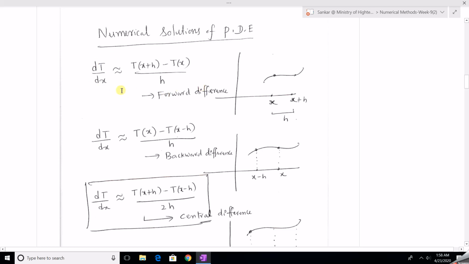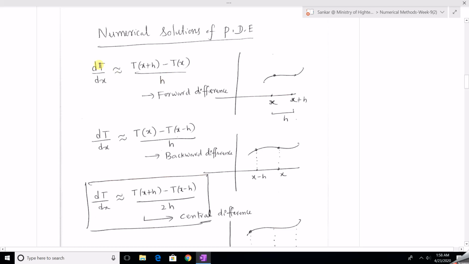Earlier we have used f of x, here we are using t because t depends on x. The same formula, if we take f, df over dx will be f of x plus h minus f of x over h.